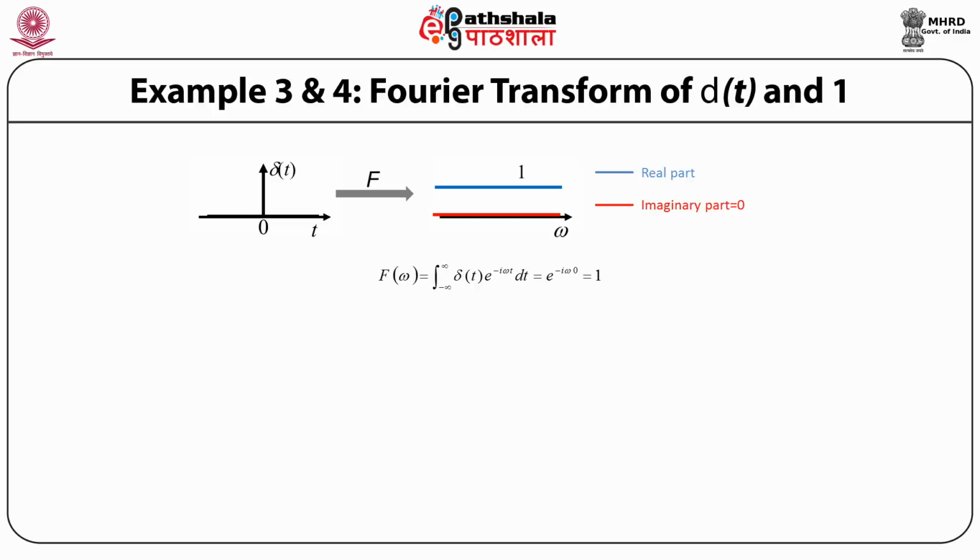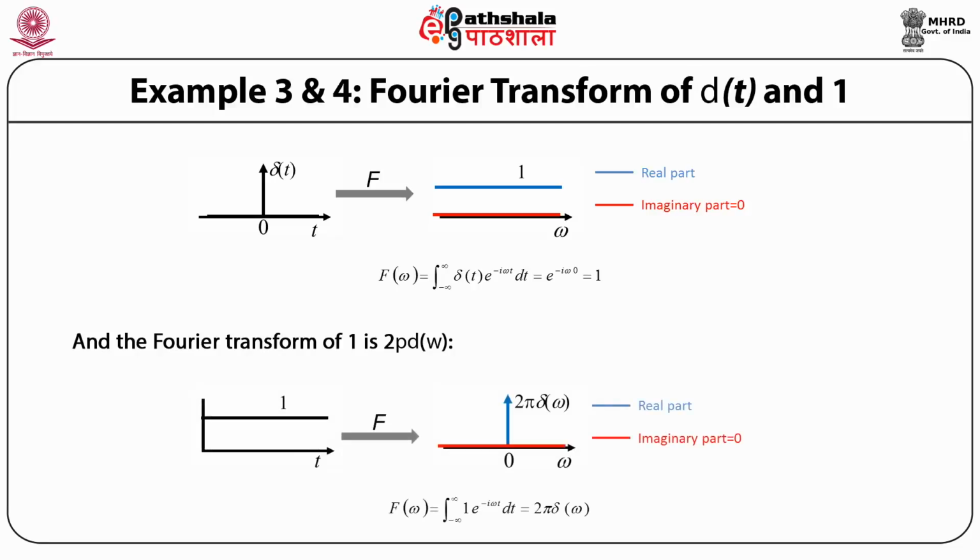When you take a constant function, here we have assumed the constant is 1, the Fourier transform will simply be 2 pi delta of omega, shown in the right hand side figure. Again the imaginary part will be 0, and the real part will be 2 pi.